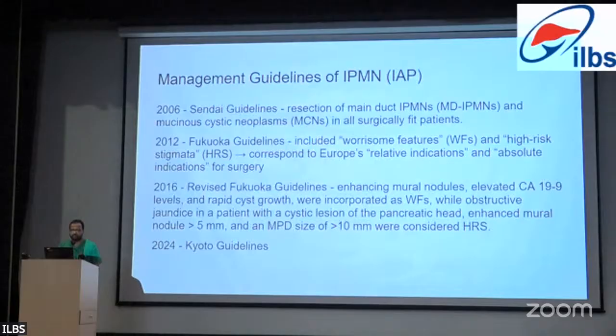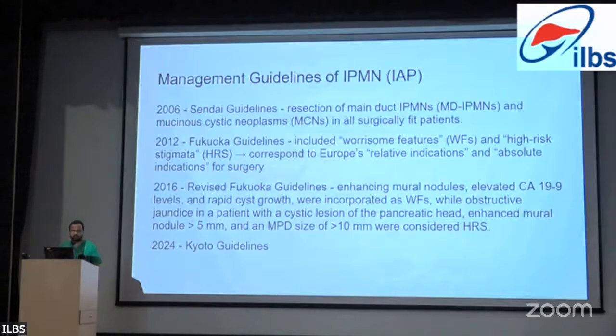According to the International Association of Pancreatology, there have been many guidelines. In 2006, there were the Sendai guidelines. And then in 2012, you had the Fukuoka guidelines, which included the worrisome features and the high-risk stigmata, which correspond to the European guidelines, relative indication and absolute indications.